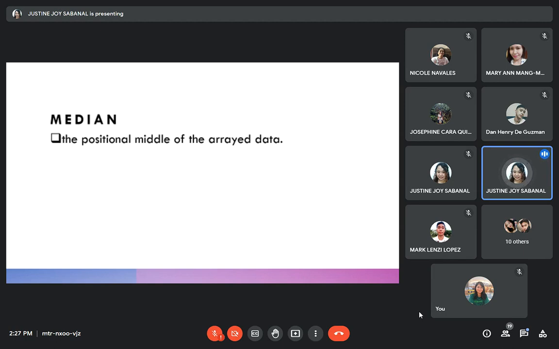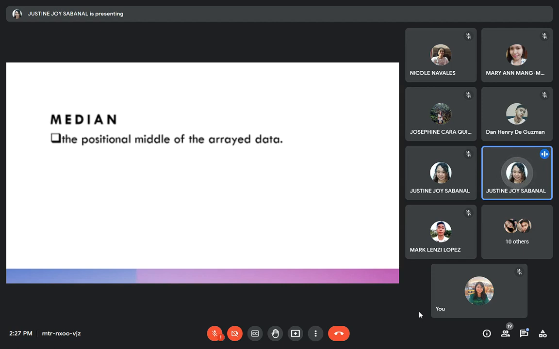This means that before we can determine the median, we first need to arrange the information we have from lowest to highest. After doing that, we can determine the centermost value in our arrayed information.